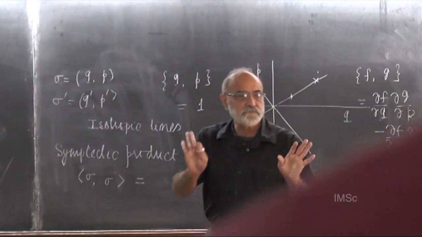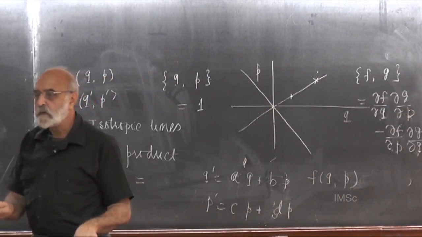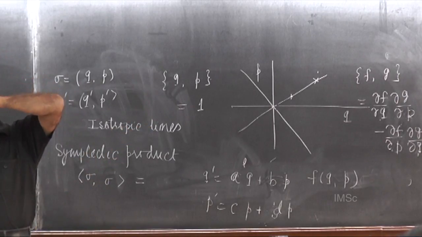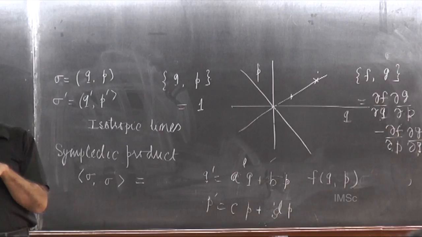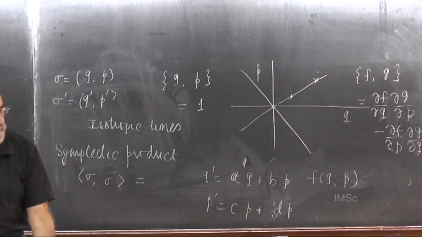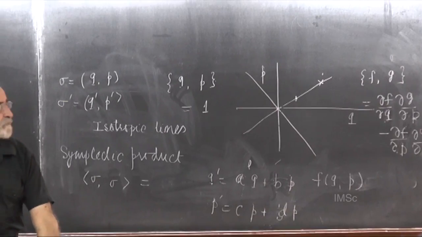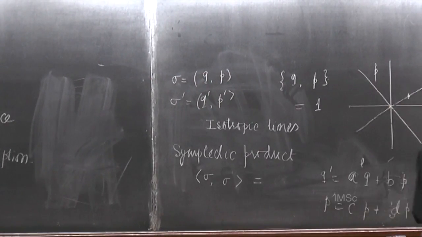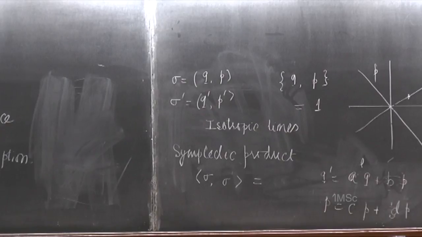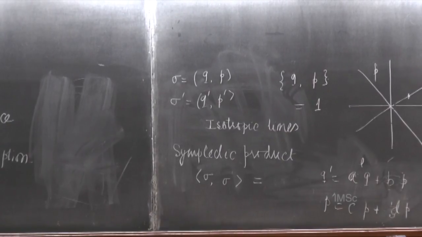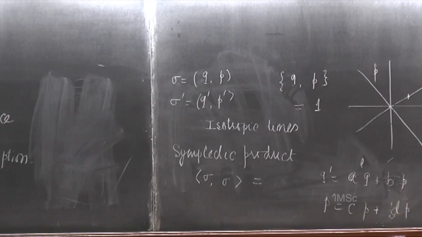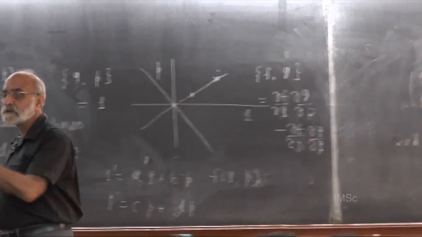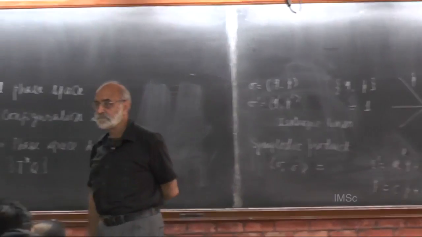But for larger values of n, for instance Sp4R, when you are dealing with phase space describing two Cartesian degrees of freedom, the group of canonical transformations will be this, and Sp4R will not be the same as SL4R. They will be different. At this level, in the context of one degree of freedom, they are the same.